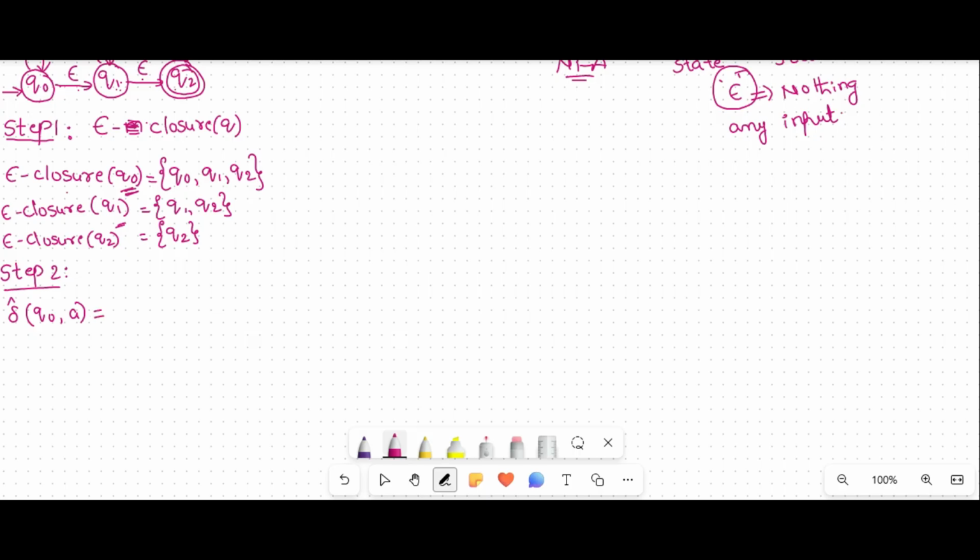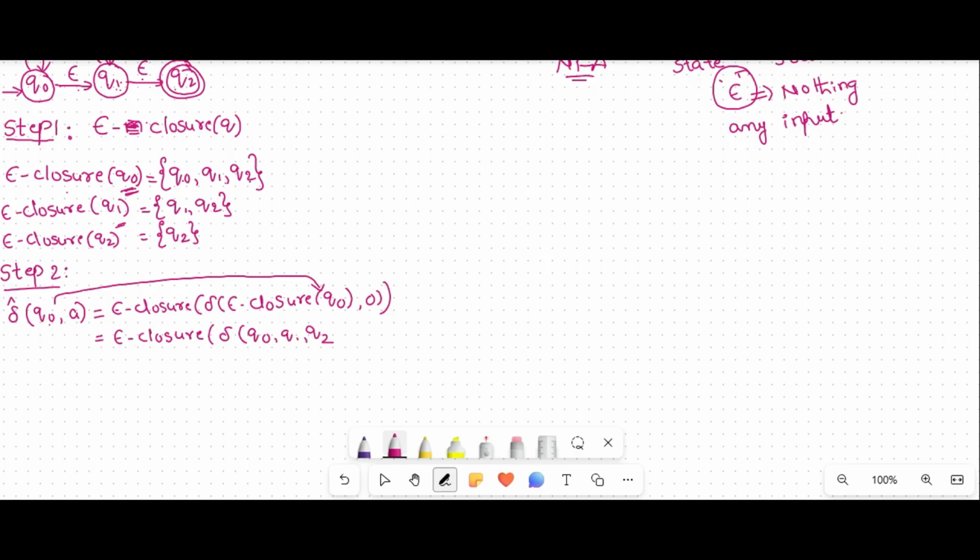Q naught with A: see how we have to calculate it. Epsilon closure of delta of epsilon closure of Q naught with A. The epsilon closure of Q naught is Q naught, Q1, Q2, with A transition.